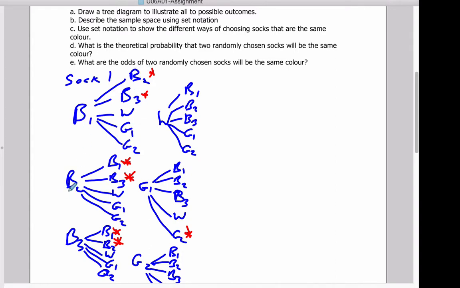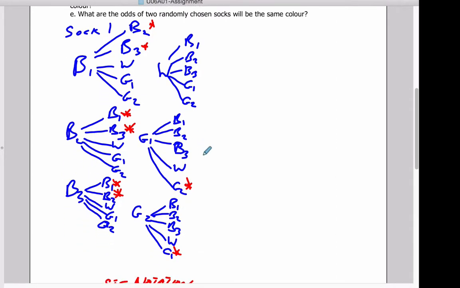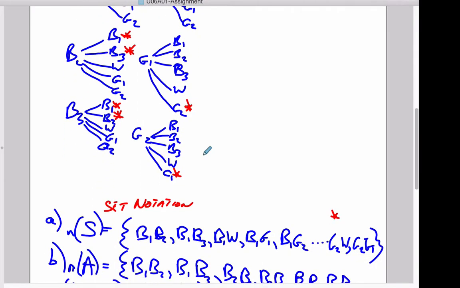If you select the second black sock, then on your second selection, you could select the first black sock, the third, etc. So for every one of the 6 socks there, because there is no replacement. In the question it said that you selected one sock and then you selected another. It never said anything about putting the first sock back. So when you figure out the number of outcomes, it's going to be a total of 30 possible outcomes.